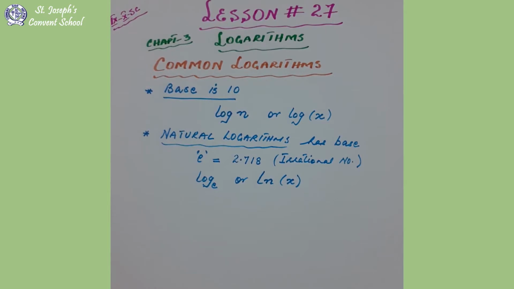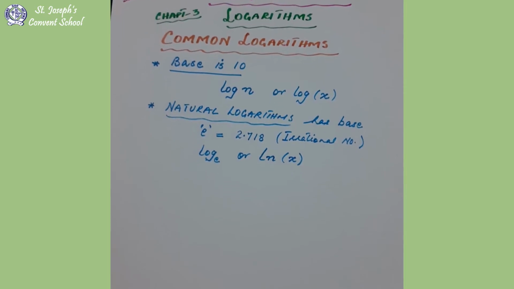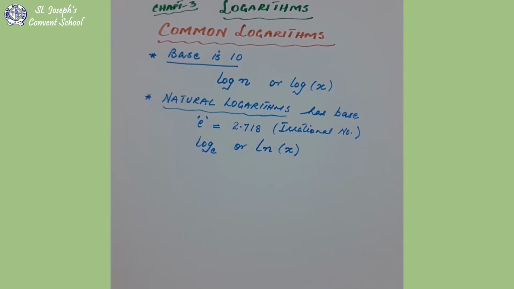Now how to find the common logarithm? There are two steps actually of finding the common logarithm. I'm going to explain you both steps. And in the class also I'm going to tell you how to find it. Now the two steps are to find the common logarithm.